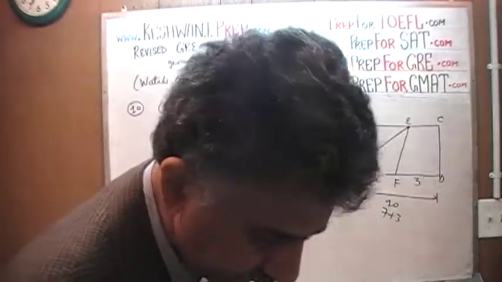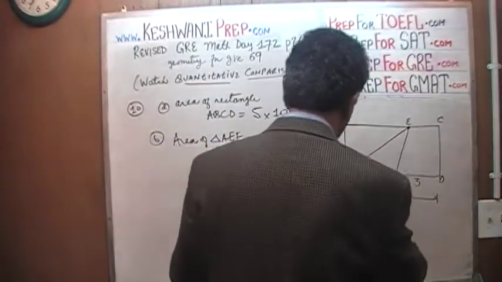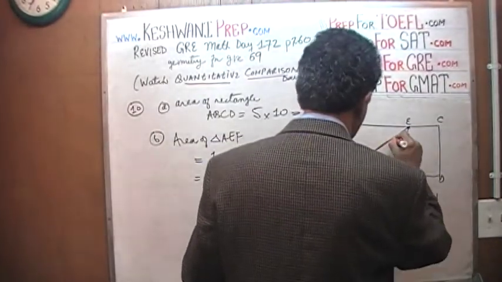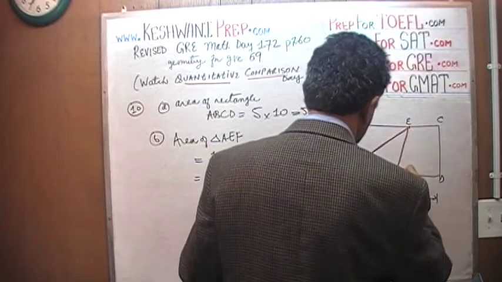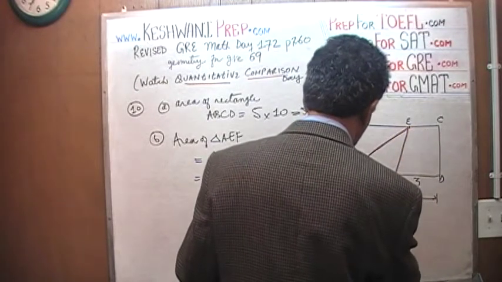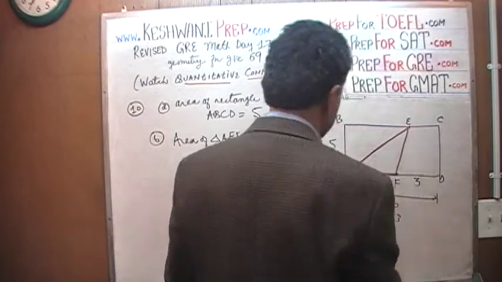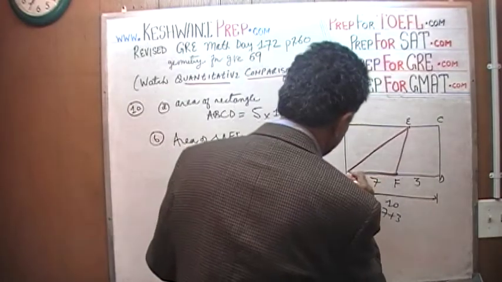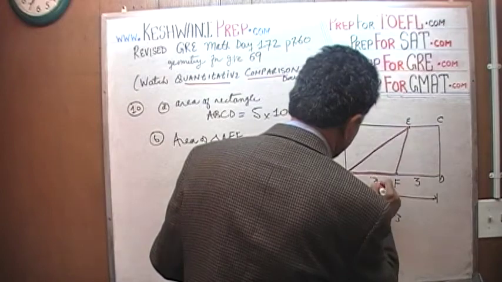Let's take a look at it here. AEF, this triangle right here. The base is 7. The base from here to here is 7.